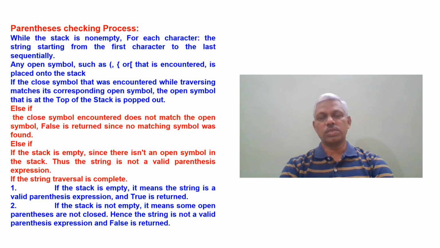If we keep on doing this process, three cases may arise. In the first case, by the time the last right closing is encountered and we pop out the corresponding left opening, the stack is empty. That means all the left opening brackets have been matched with the right closing brackets.